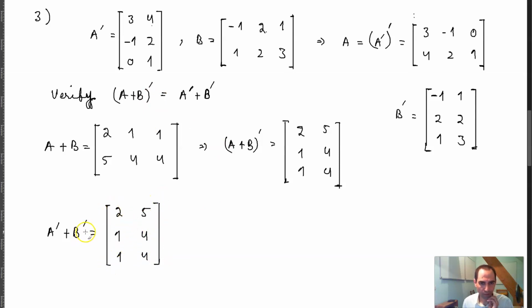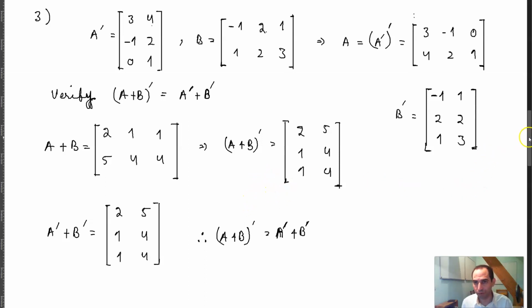So then you can say that A plus B whole prime is the same thing as A prime plus B prime. And that is part 1 of question number 3.